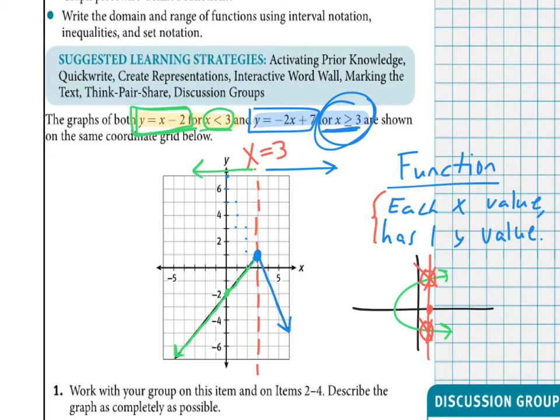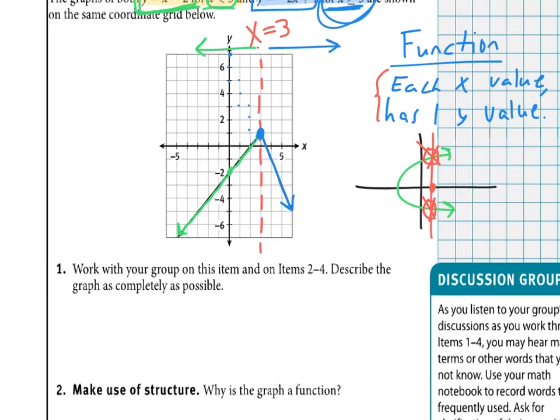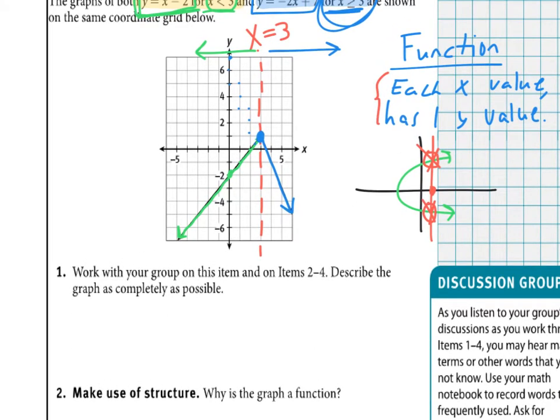But let's keep digging into these piecewise functions. Can we describe the graph that we just drew as clearly as possible? So it looks like two different linear functions. We could say one of them had a positive slope, that green one, and this other one had a negative slope, that kind of thing.